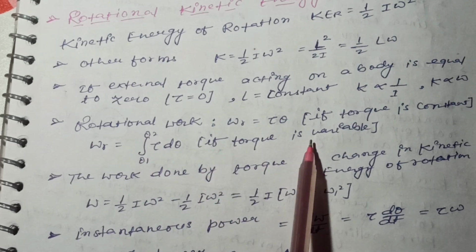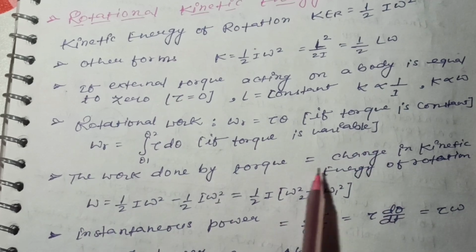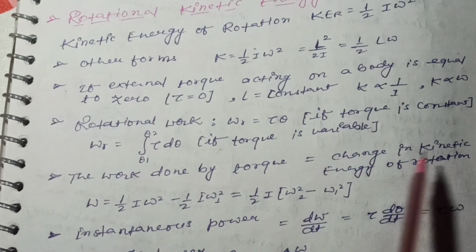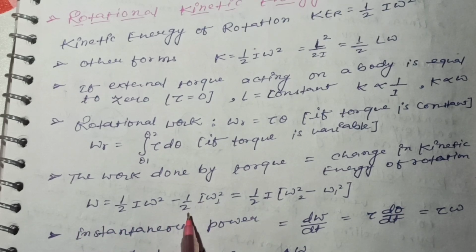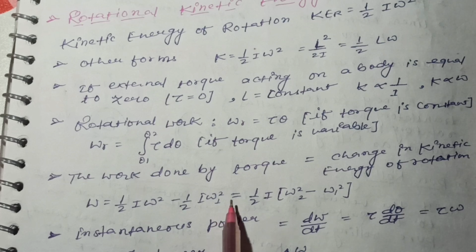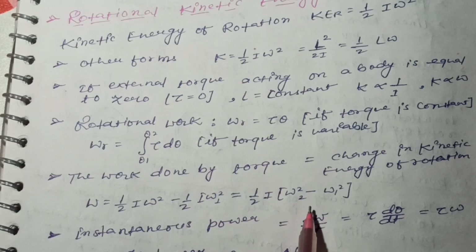If torque is variable, the work done by torque is equal to the change in kinetic energy of rotation. W is equal to 1/2 I omega 2 square minus 1/2 I omega 1 square is equal to 1/2 I (omega 2 square minus omega 1 square).